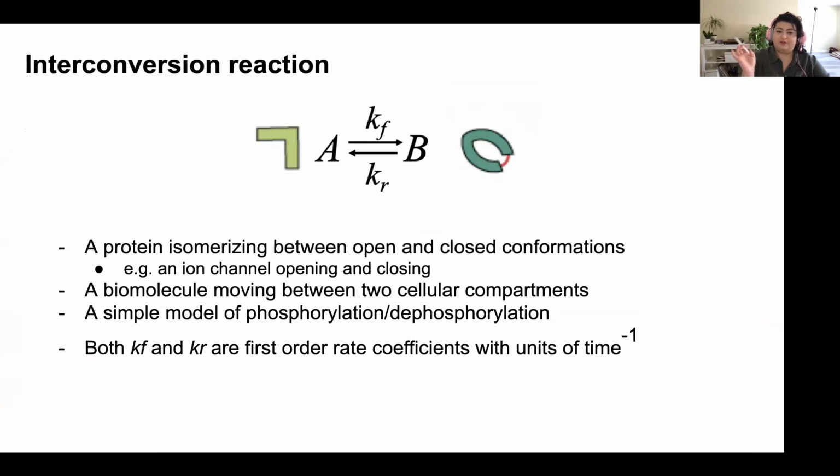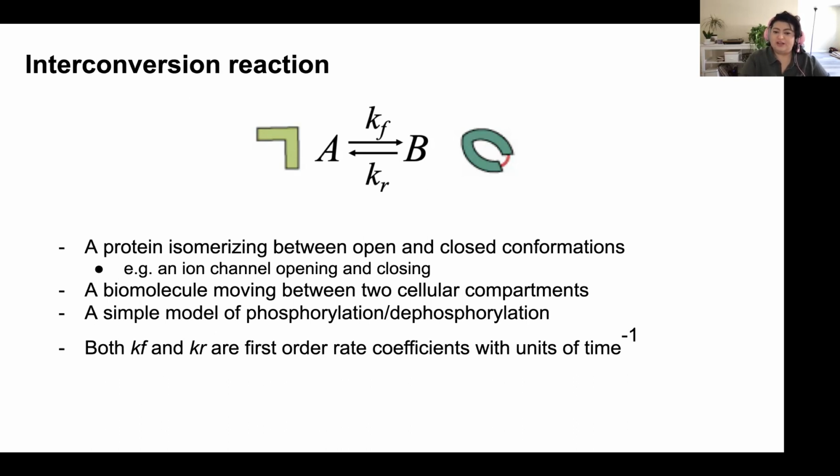The interconversion reaction can represent a protein that is isomerizing between an open and a closed conformation, such as hemoglobin: when it's bound to oxygen it becomes an open conformation, and when it's not bound to oxygen, it's in a closed conformation.